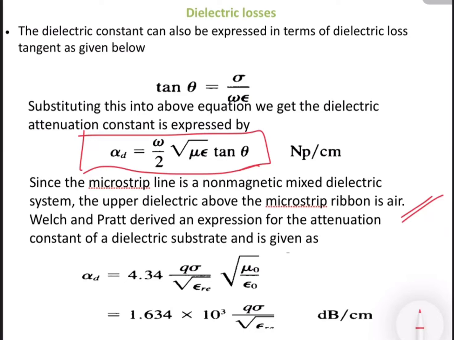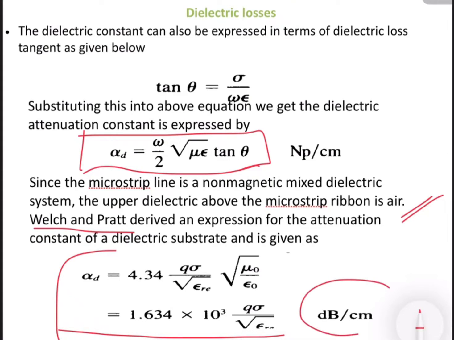One contribution by the scientists Welch and Pratt was an expression for the attenuation constant of the dielectric substrate, that is alpha d is equal to 1.634 into 10 to the power minus 3 into q sigma divided by root of epsilon re decibel per centimeter.